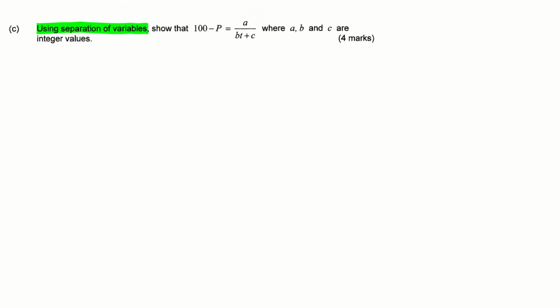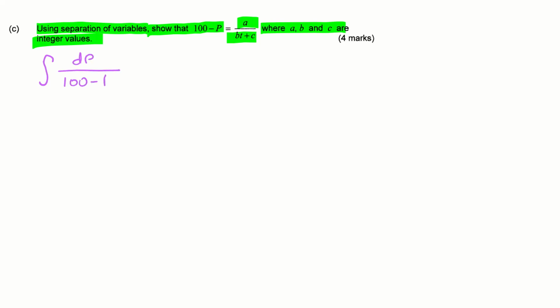Using separation of variables, show that 100 minus p is (a)/(bt + c), where a, b, and c are integer values. So we have the integral, let's separate, dp over (100 - p)^2 is equal to the integral of 0.001 dt.